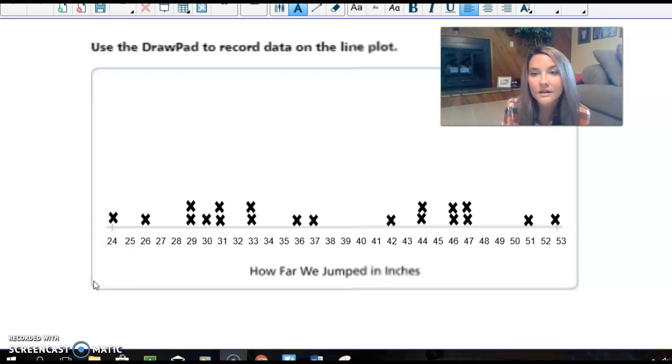What about the longest distance jumped? 53. So again, I'm asking about a measurement, and so the longest distance jumped is 53 inches.